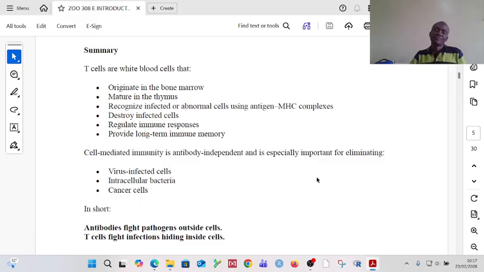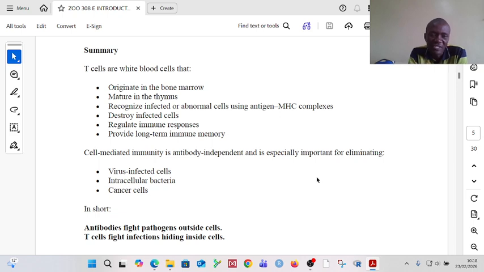So it is like you have a security patrol. Kuna wale wanaangalia ndani, na kuna wengine wanaangalia nje. So antibodies wanaangalia nje. Then T cells wanaangalia ndani. So all of them are working for the protection of the human body against pathogens.